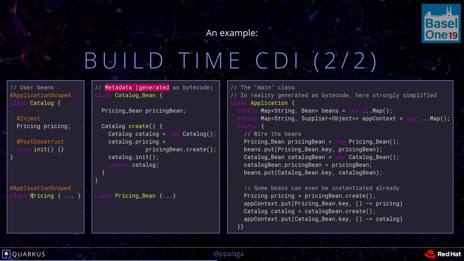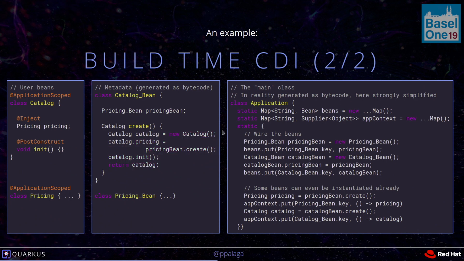It knows that this is the only candidate for this injection point, and it's able to generate as a bytecode, this is just a Java pseudocode, something like this, some metadata, right? So to create a catalog bean means executing exactly these steps, and those can be recorded directly as a bytecode.